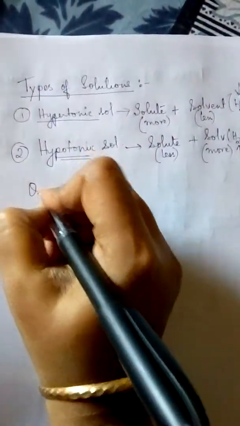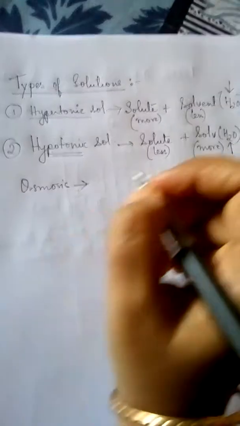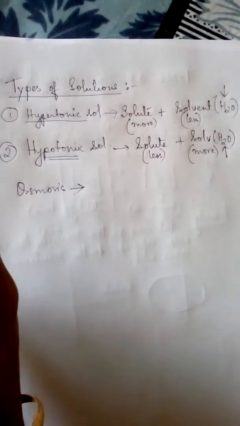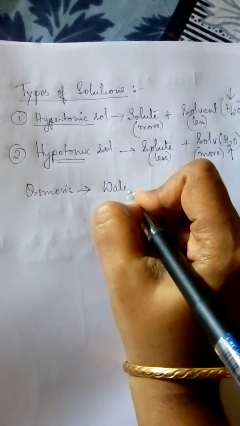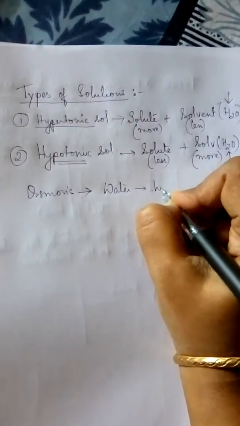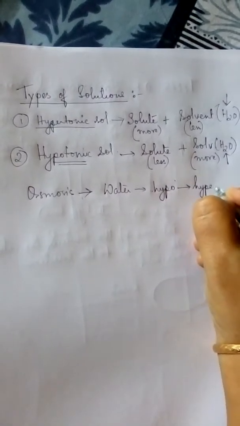Now, in the previous video on osmosis, I explained that water travels from a region where it is more in concentration to a region where it is less in concentration. So we can easily say that water tends to move from hypotonic solution to hypertonic solution.